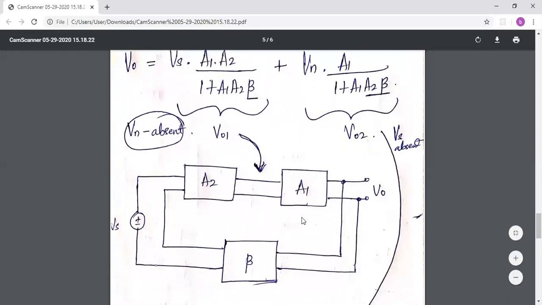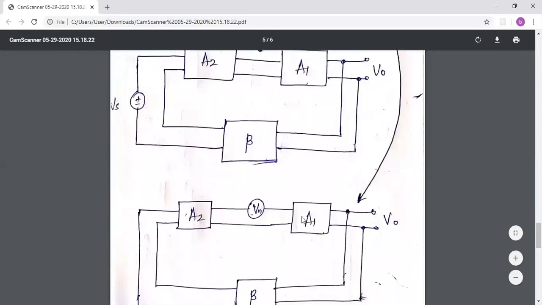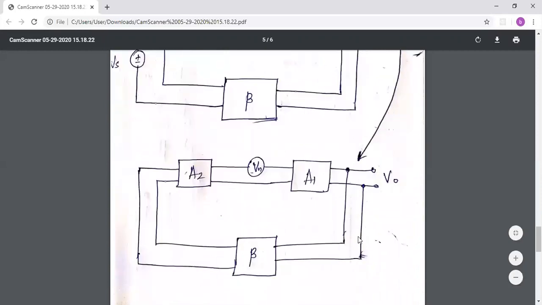In the next case, I will consider the interference here, and the input signal Vs is neglected. So the output voltage will be equal to Vn into the gain of the amplifier, that is A1, divided by 1 plus the gain of the amplifier A1 into the feedback gain. What is the feedback gain here? See here, in the feedback path we have this feedback network and also this amplifier A2.